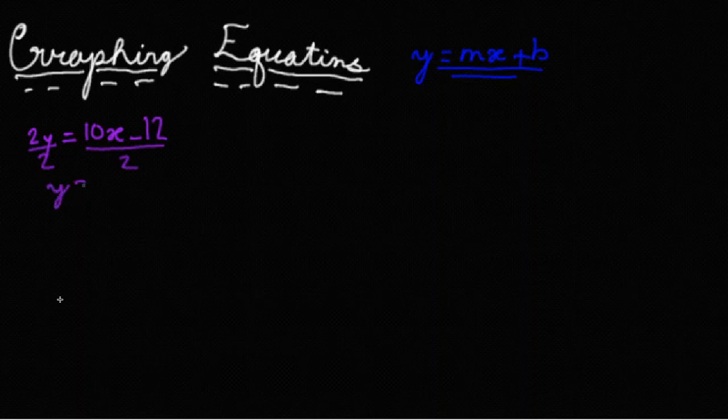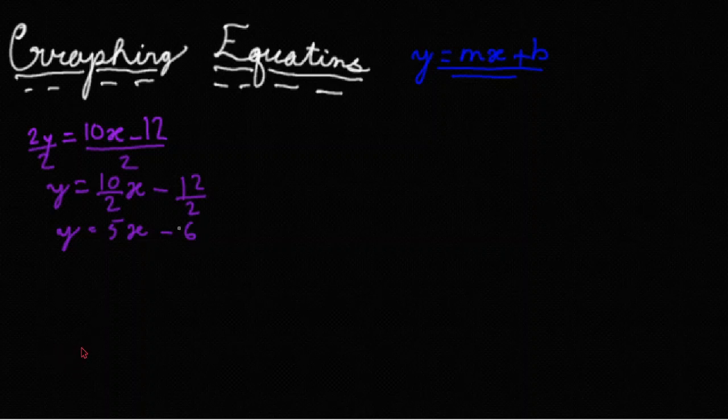This side turns into y, and this turns into 10 divided by 2x minus 12 divided by 2. So 10 divided by 2 equals 5, and then we drop down the x, and 12 divided by 2 is equal to 6. So we got that one down.